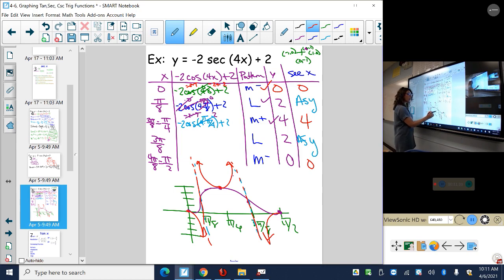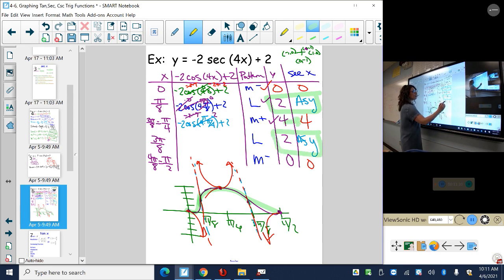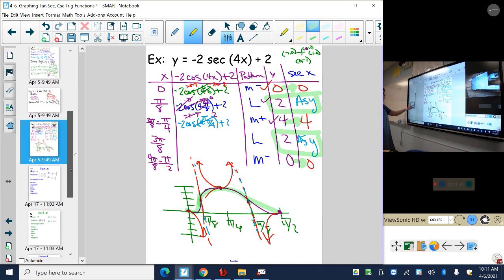So this purple part right here now is a reflection, and it goes up. This purple arm right here is reflected down. This purple arm right here is reflected down, and this purple part right here is reflected up. That is the secant graph. So the levels turn to asymptotes, and you just carry over these numbers right here. And that is the secant graph.